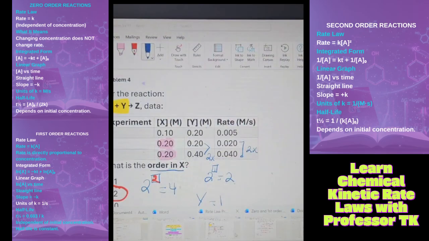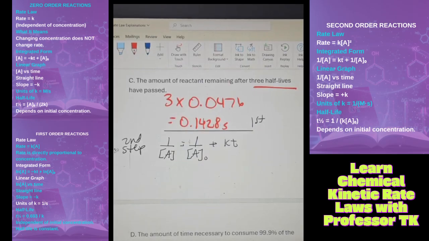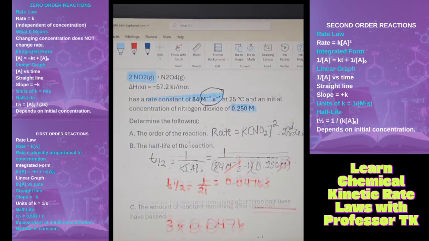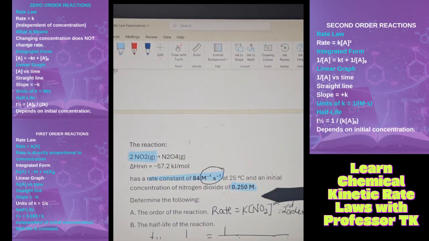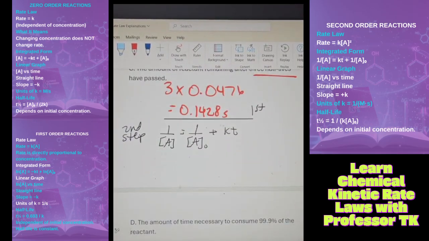Okay? So 1 over your initial concentration plus K times T. Now, you're going to go back up to your data in case you forgot what the initial concentration was, which was 0.250. Okay. So you're just going to plug that number in right here.